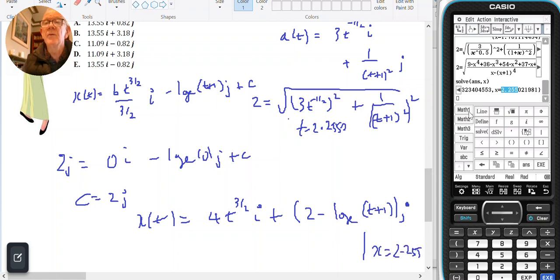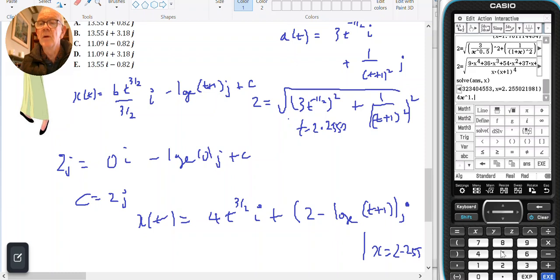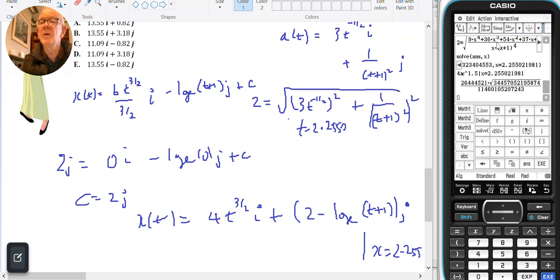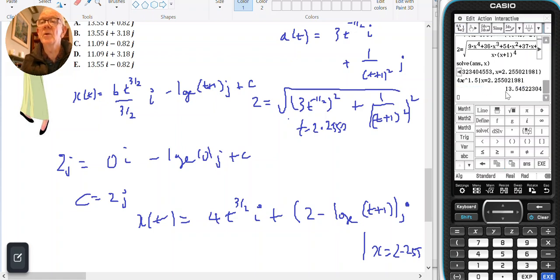given t equals 2.255. So what I might do is copy that. So my first one is 4x to the power of 1.5, given x equals that value, and that gives me an x coordinate of 13.545, 13.55.